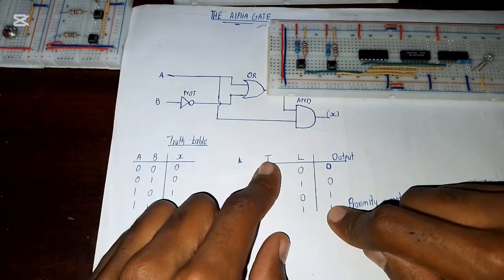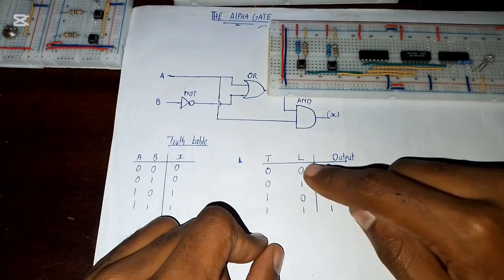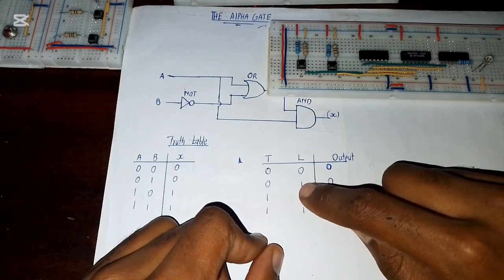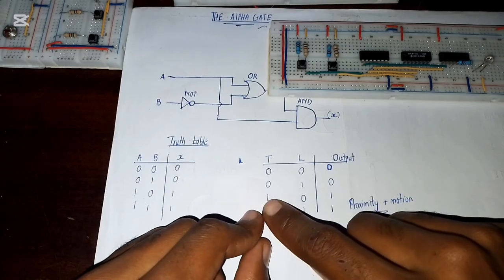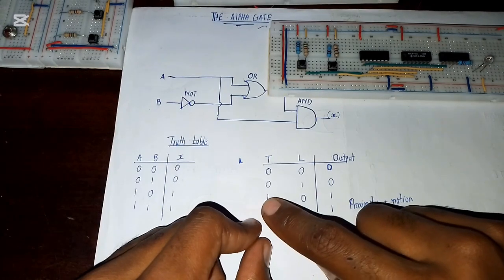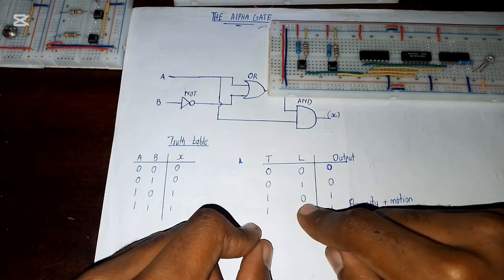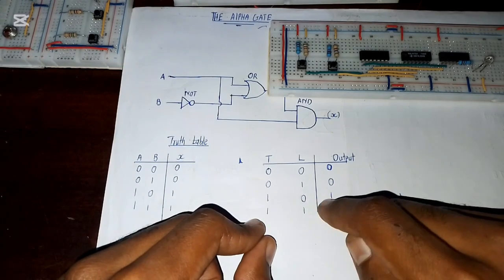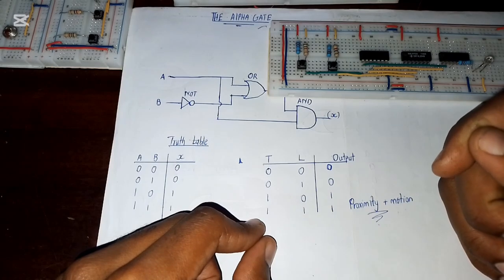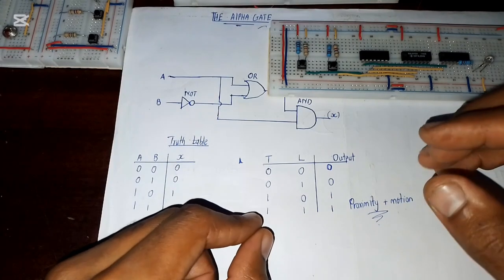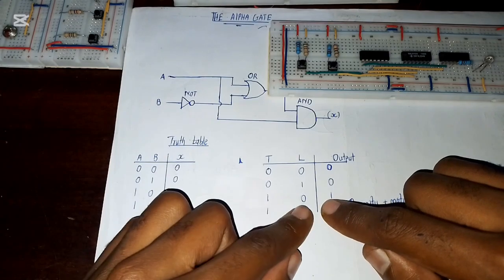Here we have set temperature to have more priority than light. If light is on, it doesn't really matter until temperature comes on. So let's start right here. Temperature is on, but light is off. In this case, this output goes and gives the signal to your system, and your brain decides, okay, temperature is on but light is off.